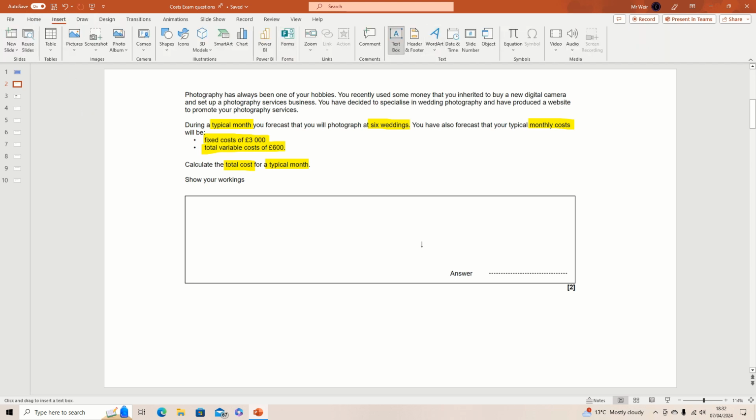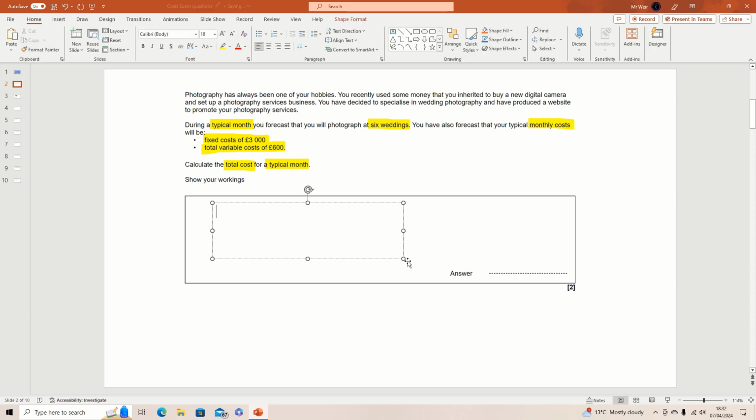So all you have to do to get your 2 marks is show your working. I always try to break down each of the questions step by step so it makes it really clear what you're doing. And then if you do make a mistake, you're still going to get marks for what you've attempted. So I'm going to say that fixed cost plus variable cost is the same as total costs. And then I'm just going to put in the values that are given in the question.